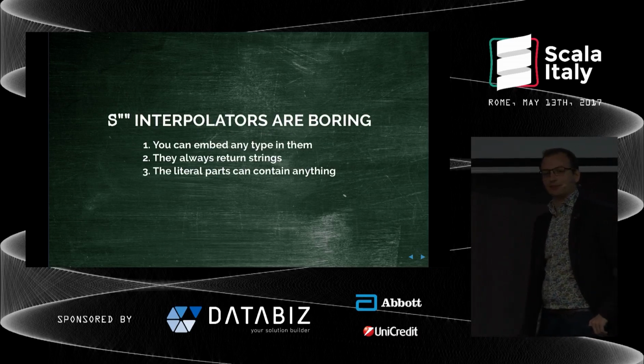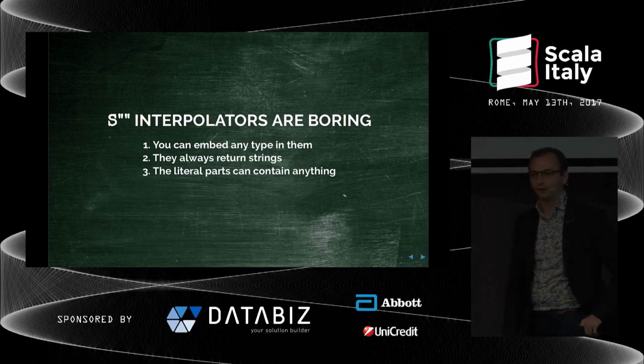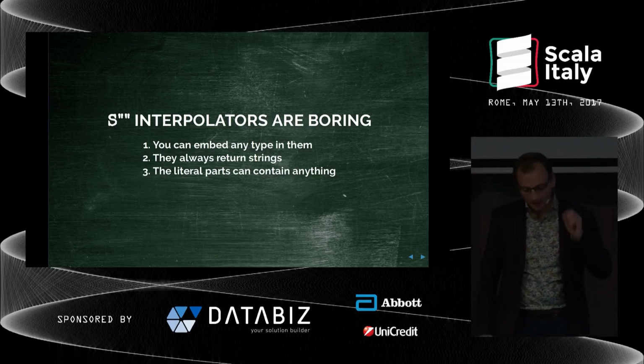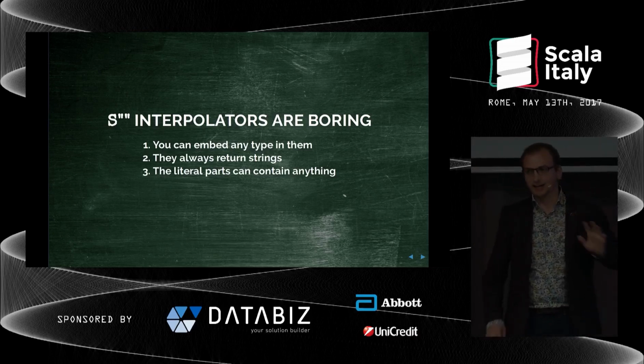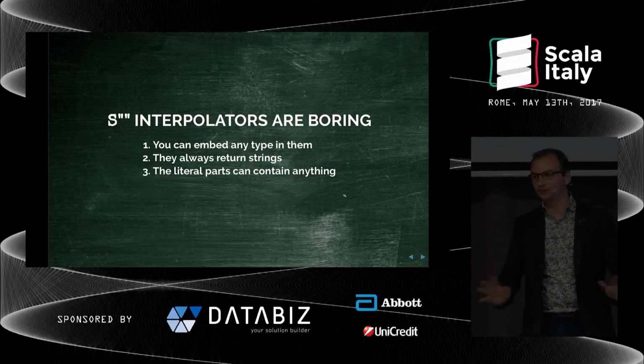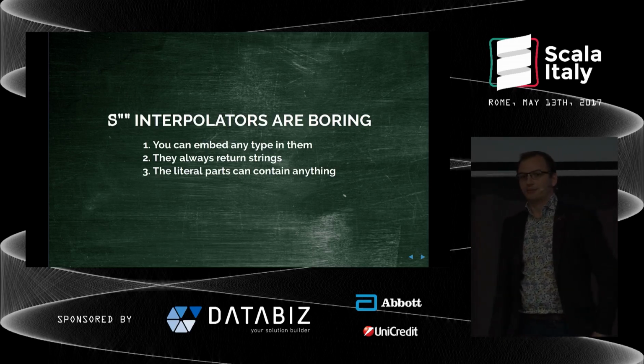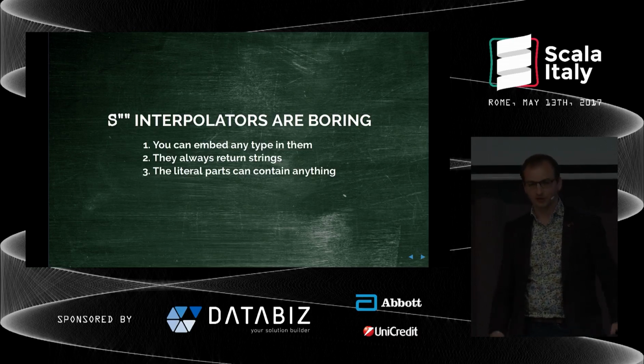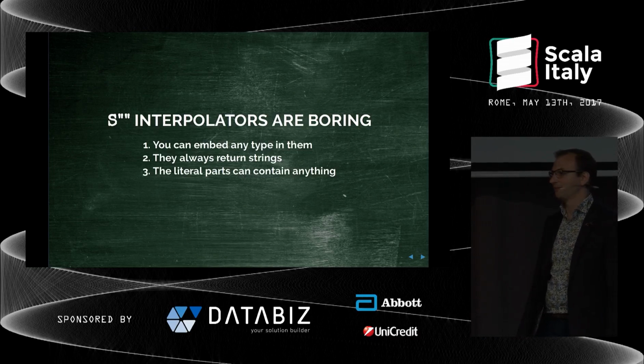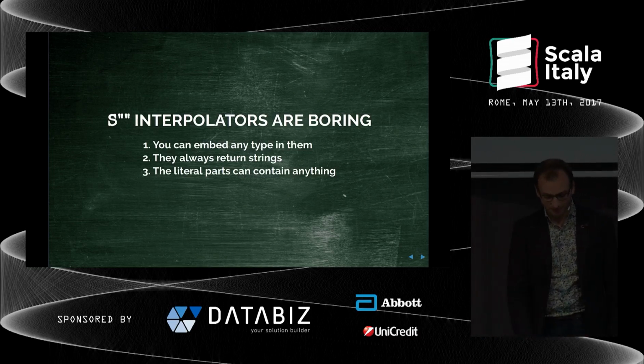Any type can be substituted into an S interpolator. It doesn't matter whether it's Any or a primitive or a more complicated type. They can all be substituted in, and the compiler is happy with it because it just calls toString. And the return type from this is always a string. So if we're in a stringly typed world, then sure, this is fine, but we tend to prefer more structured types.